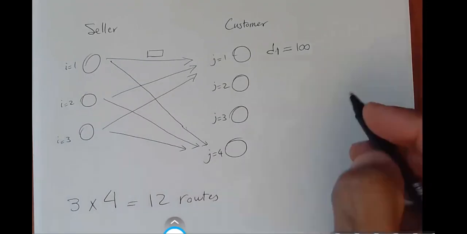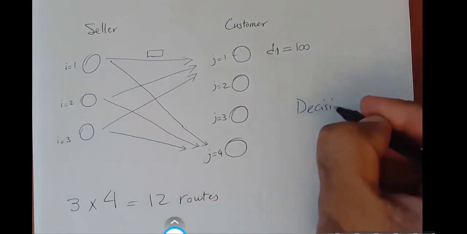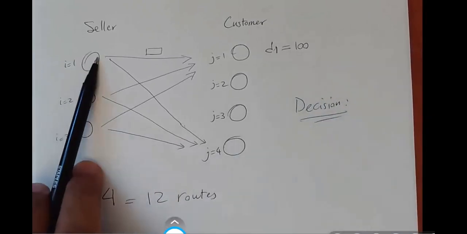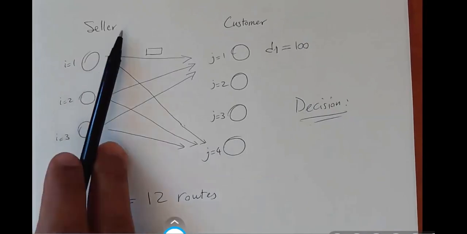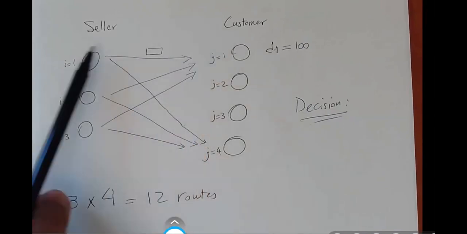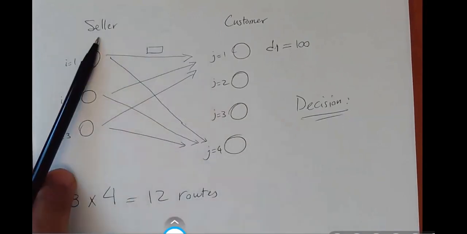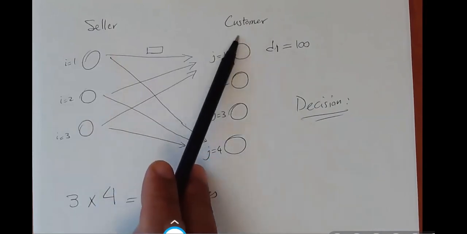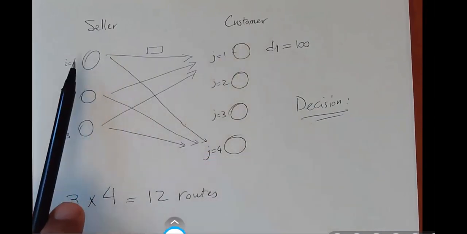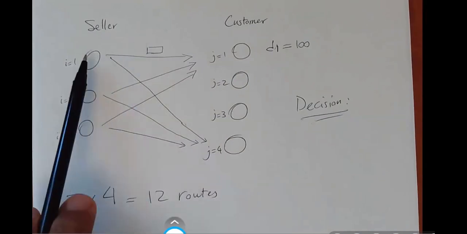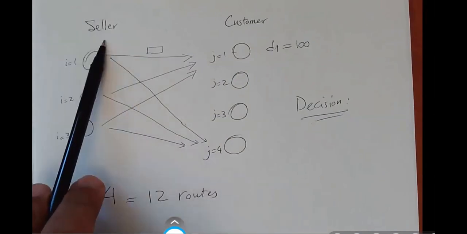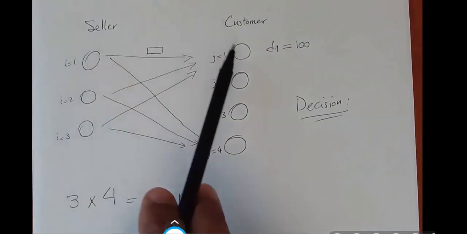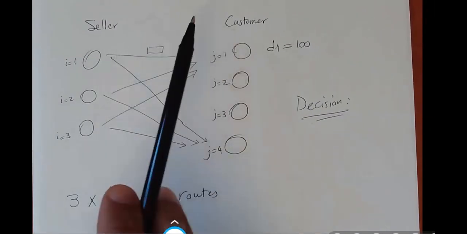So the decision here, in this specific example that we're solving, is the amount of products to be shipped from each seller to each customer. The seller can also be called origin. This can be called destination, because the items are actually shipped from origins, from the sellers, from the distribution centers, from the storage, warehouses, to the customers, to buyers, to destinations.